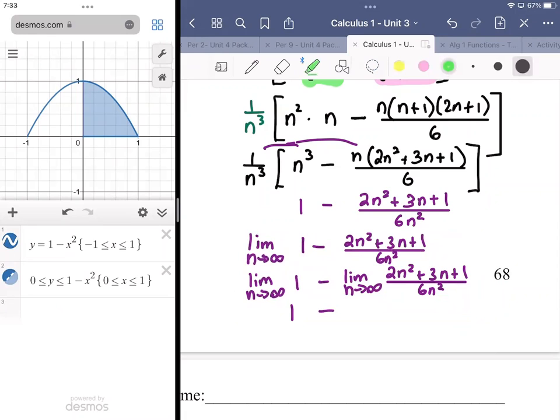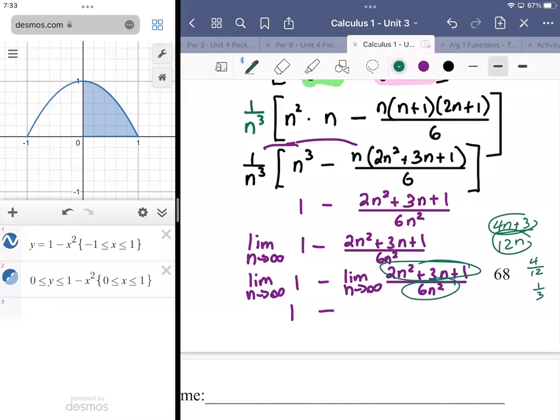So what I would say is just do it on the fly, scratch it out on the side. If I take the derivative of the top and the bottom, this would be 4n plus 3 over 12n. Then take the derivative of that again, top and bottom separately, and I'm going to get a 4 over 12, which is a 1/3.